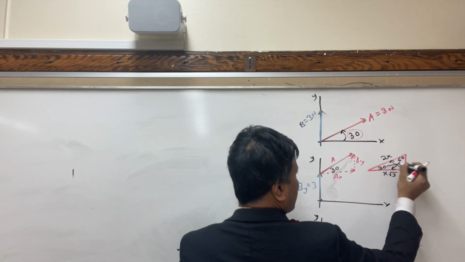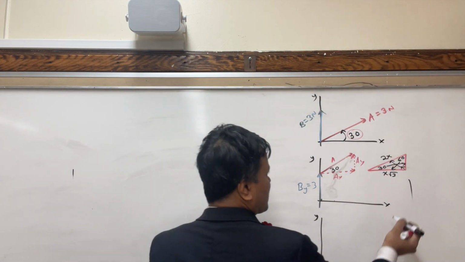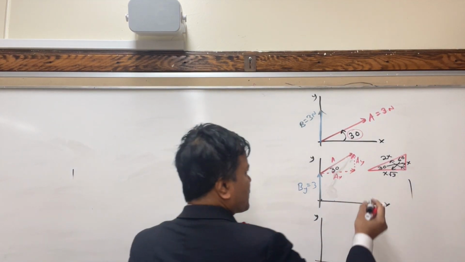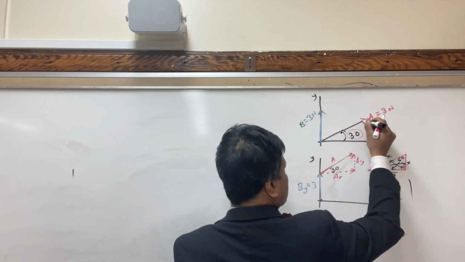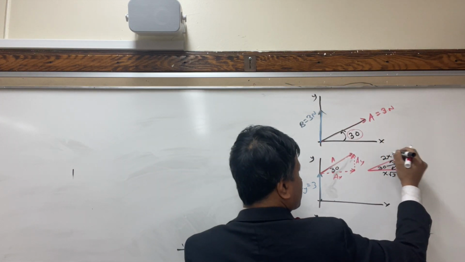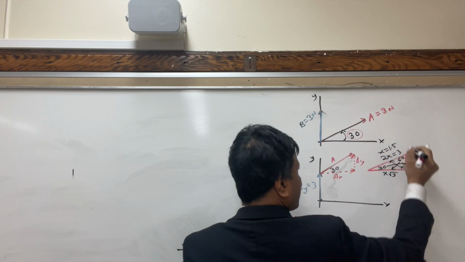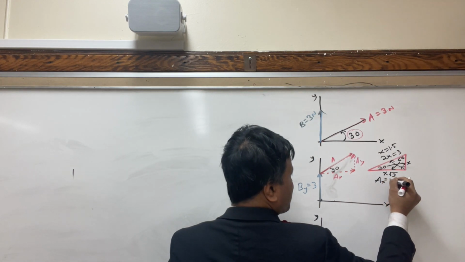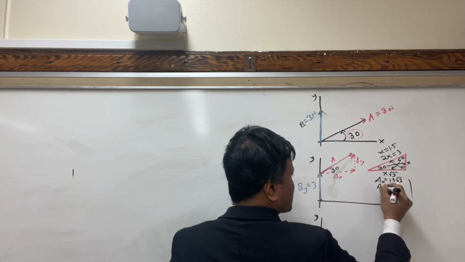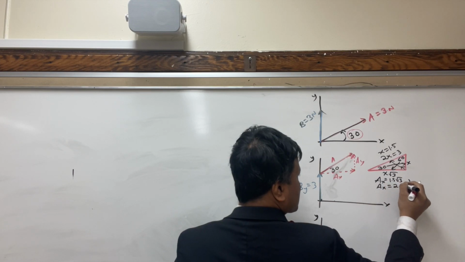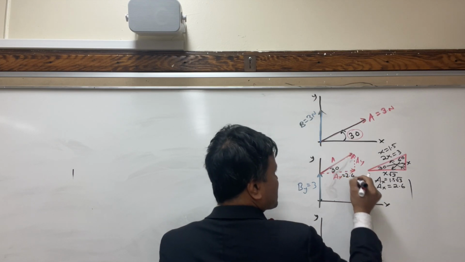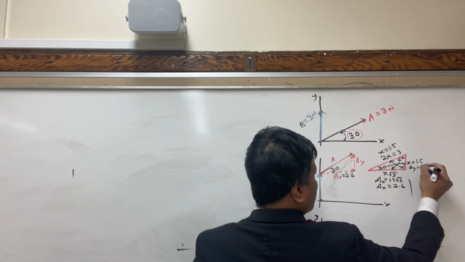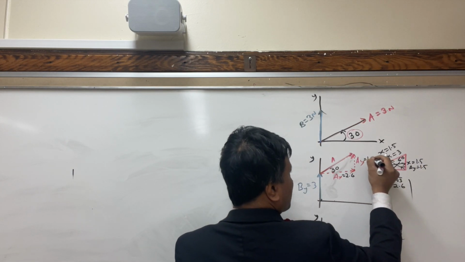The side opposite to the smallest angle is of course x. So what do we know about 2x? 2x is 3, so x must be 1.5. That means ax is 1.5 square root of 3, so ax must be 2.6. And ay must be 1.5.